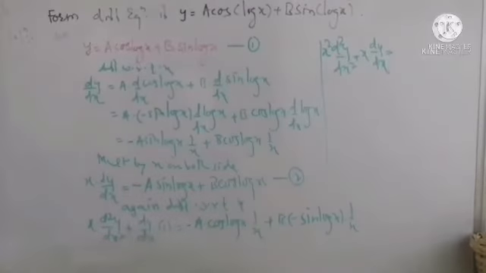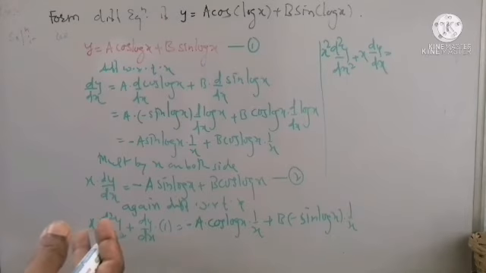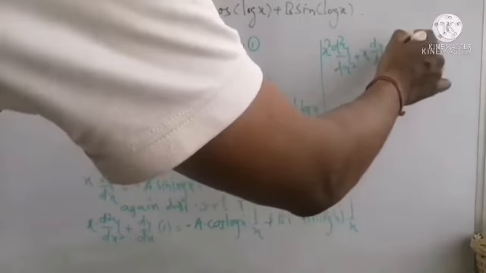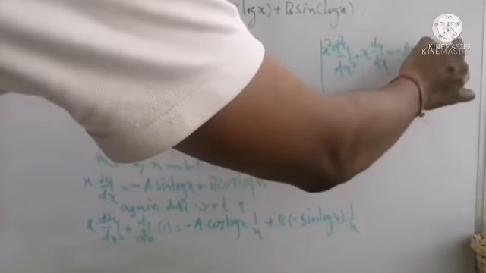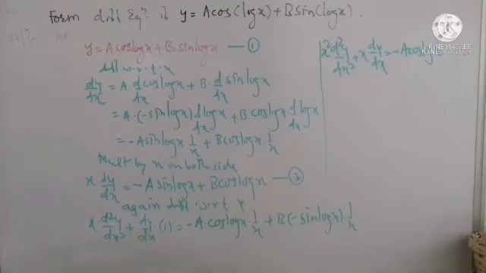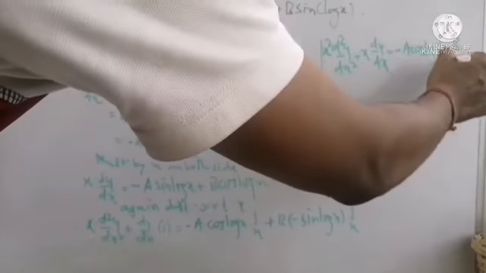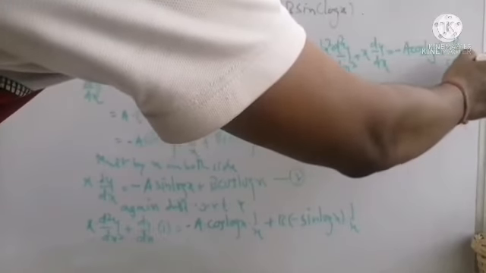On the right hand side there are two terms in addition and subtraction, so we take separate multiplication. Both terms contain x in the denominator, so the multiplier x gets cancelled, and in the first term we get minus a cos of log x, and in the second, plus minus minus b sine of log x. I take this as a sine of log of x.